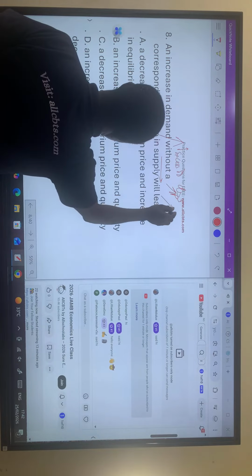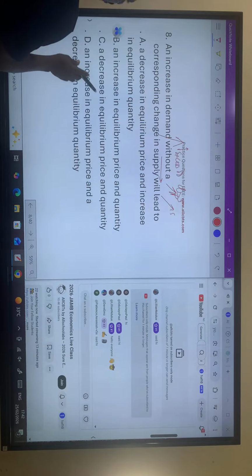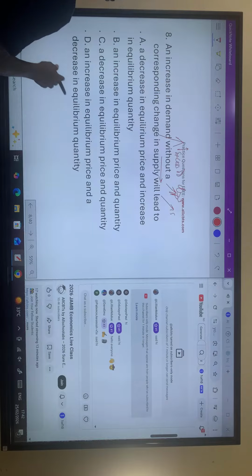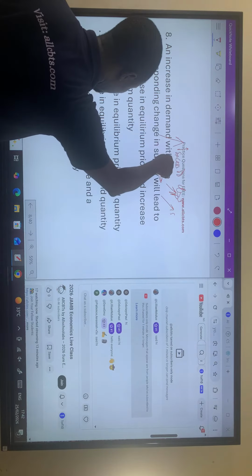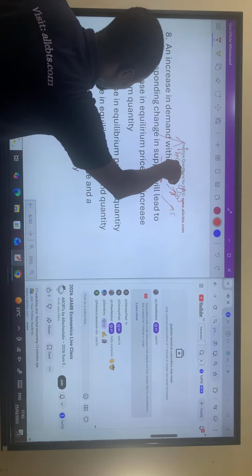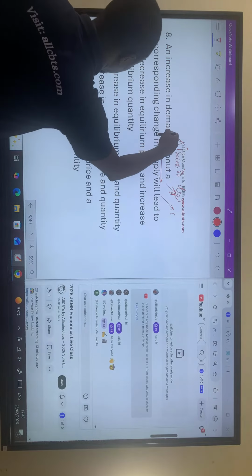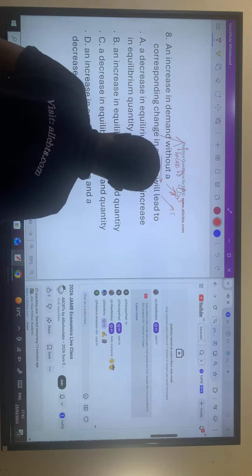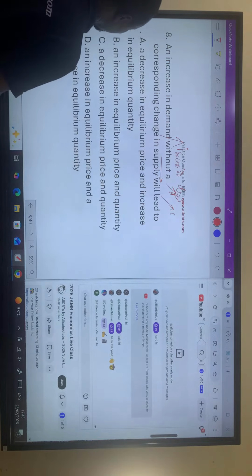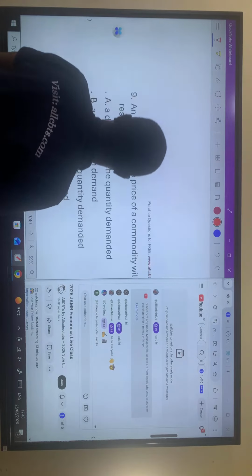So the supply is likely going to increase. So there will be an increase in the price as well as an increase in quantity. So the correct answer here is an increase in equilibrium price and quantity. Option B is the correct answer here.